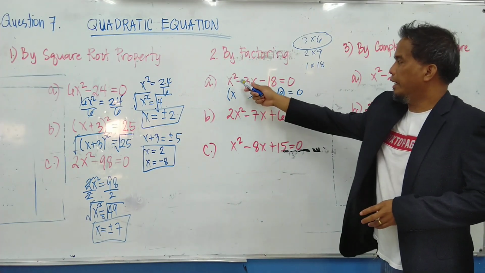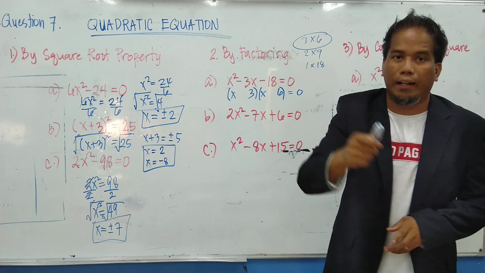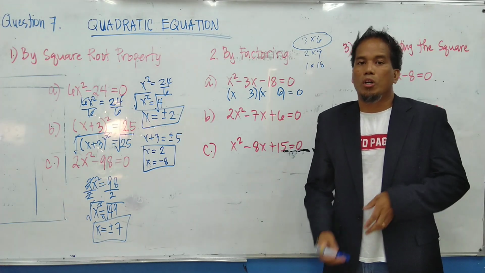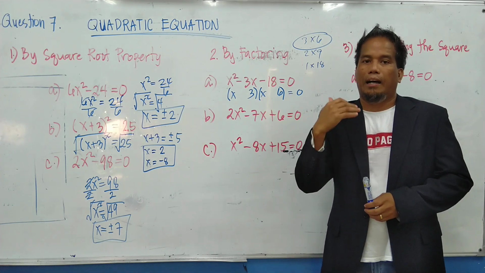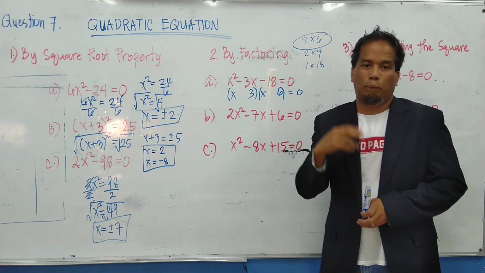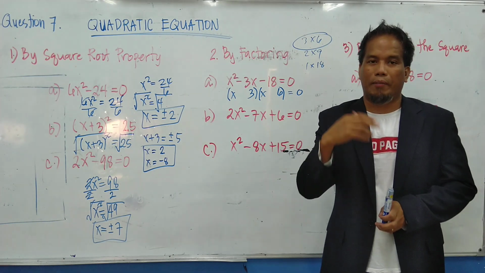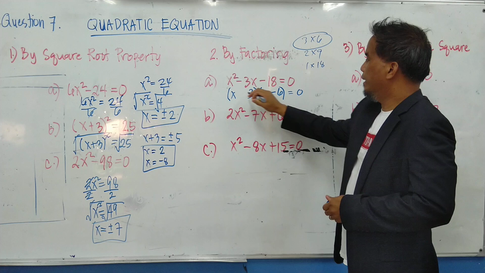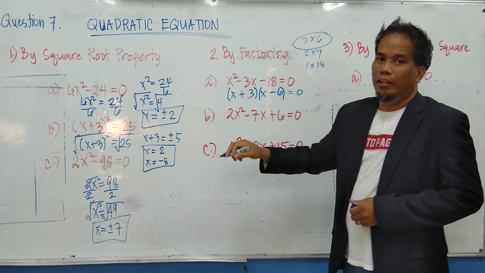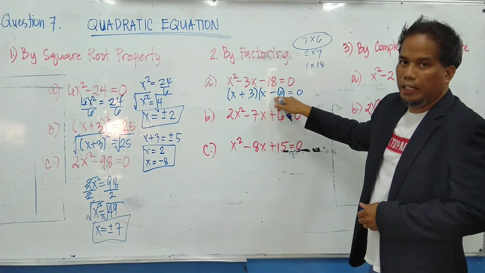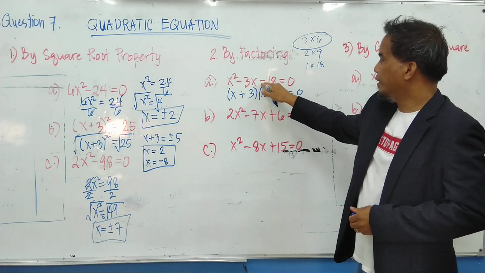Since this is negative, minus 3x, your middle term has a negative sign, you are going to assign a negative to the bigger factor or the bigger number. So here, put negative here, then put positive here. When you multiply positive 3 times negative 6, the answer is negative 18.